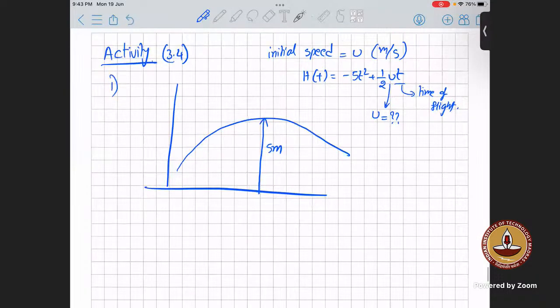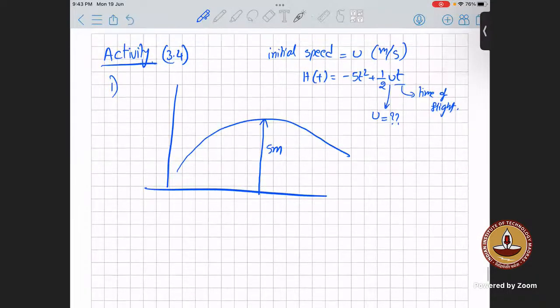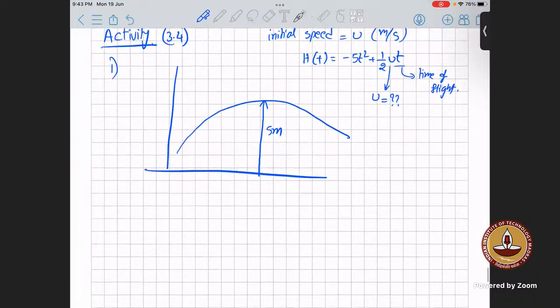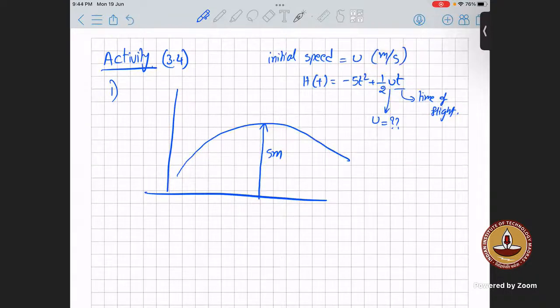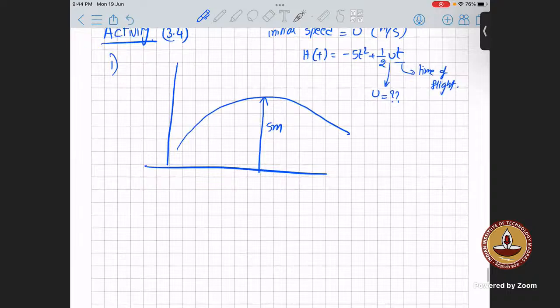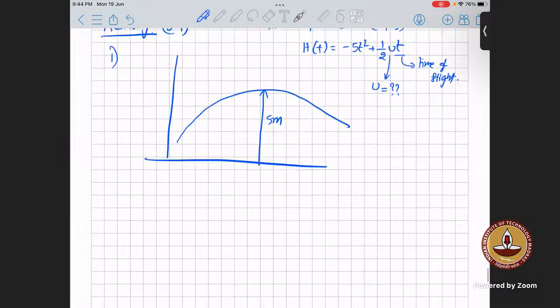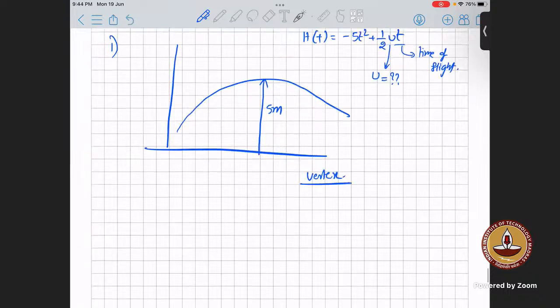Now, what is the data that we have? We got to know that the highest is 5 meters. Where can you find the highest point? At the vertex. You need to find the vertex.